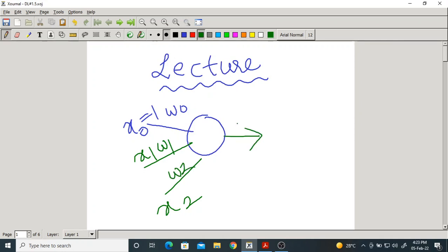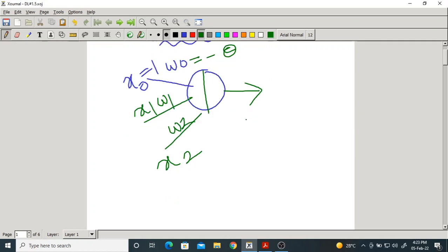So what is the weighted sum? X0 into W0, and X0 is 1, so simply W0, plus X1 into W1 plus X2 into W2. This is the weighted sum of the inputs.